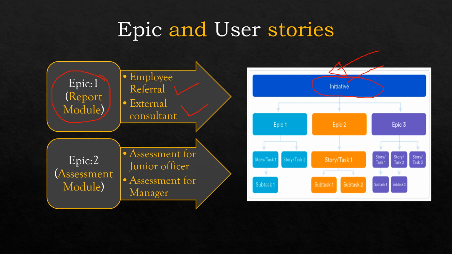Let's say we want to know how many applicants are being referred by internal employees for any job application; such a report is called the employee referral report. How many candidates are sourced by vendors, the external consultants, who are mostly recruiters or some recruitment agency, right? Based on that we have an external consultant report.